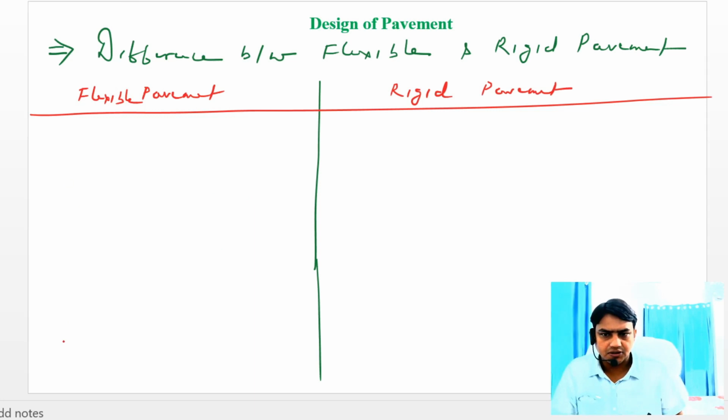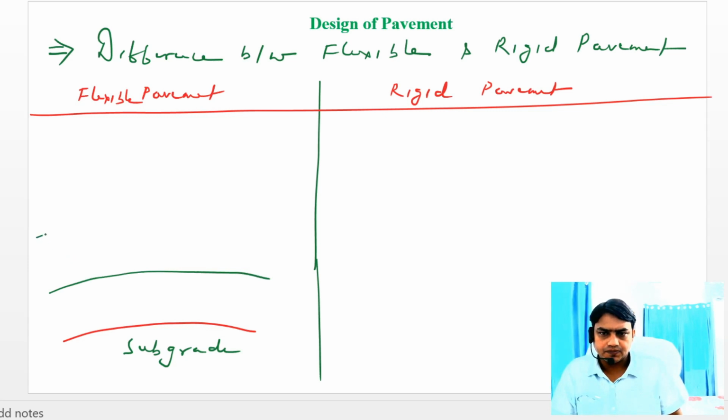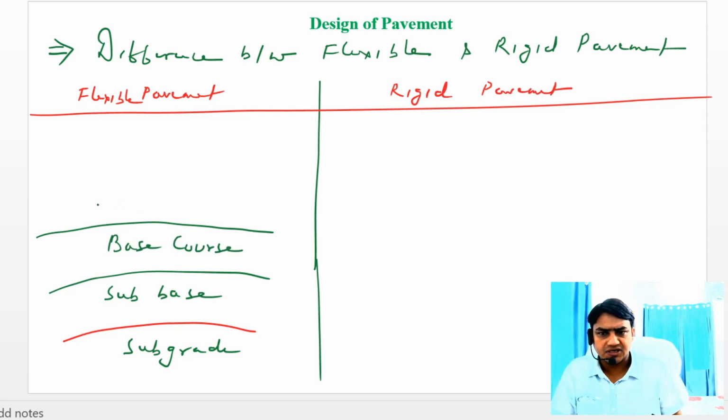On the base, at the lower portion, it will be subgrade, then subbase, then base course, then surface course.